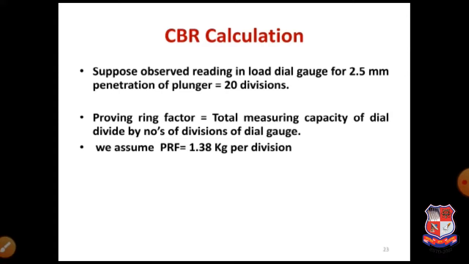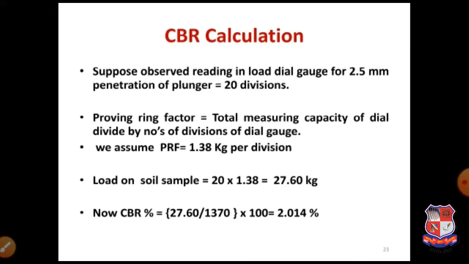We assume the proving ring factor is 1.38 kg per division. So the load on the soil sample is 20 divisions multiplied by 1.38 kg, which gives 27.60 kg.